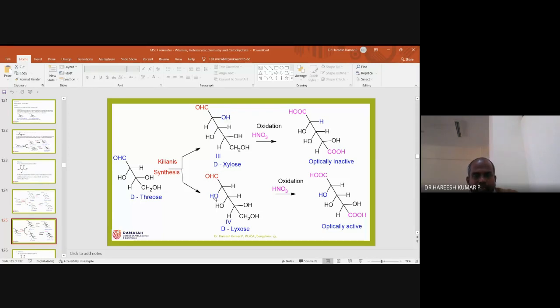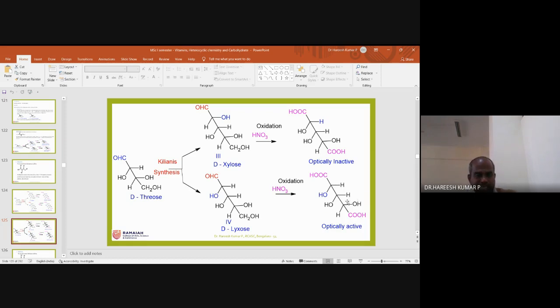If the newly formed hydroxy group is on the left hand side, then it's called lyxose. Both compounds, when subjected to oxidation: xylose gives an optically inactive compound because there is a plane of symmetry. An imaginary line is passing through this carbon and it bisects the molecule into two equal halves. That is the reason this is optically inactive, and this one is optically active because there is no plane of symmetry.